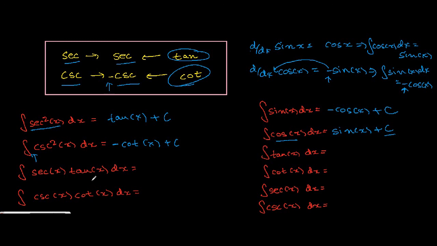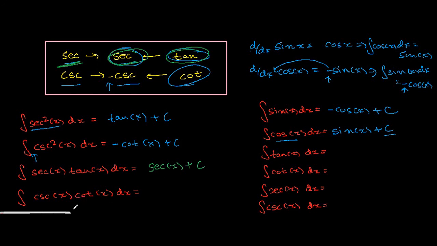For the third part, secant times tangent, so we have a secant up here times tangent. The left part is secant itself, so the answer for the third integral will be secant x plus c.